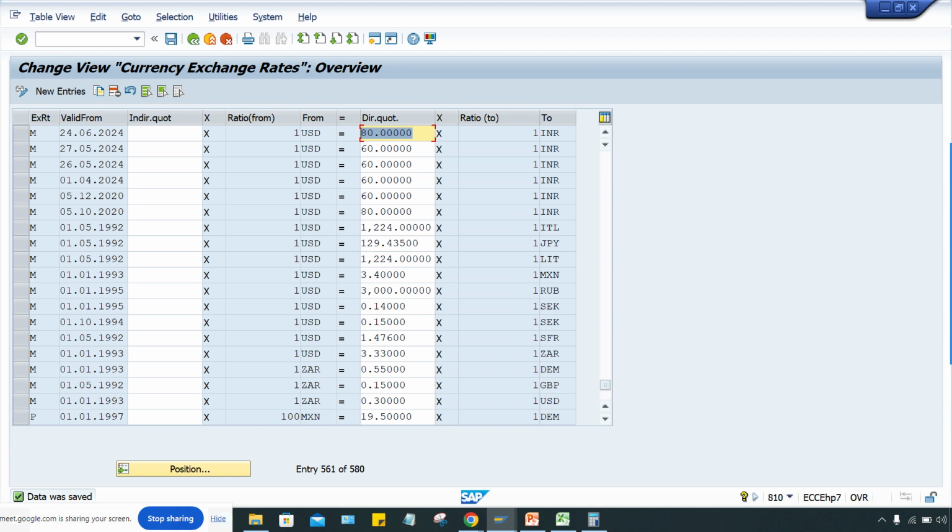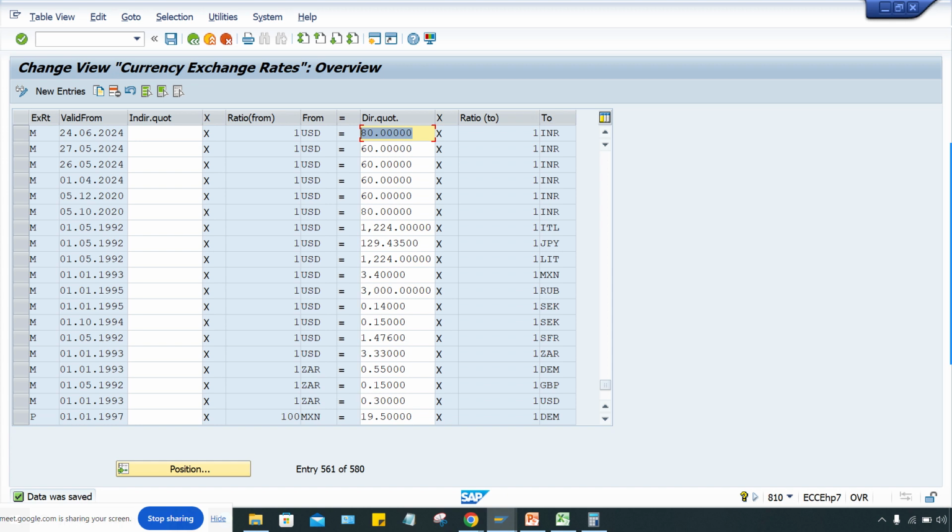Okay, so now two options are there: direct quotation and indirect quotation. Look here. If we talk about direct quotation, then I have specified 1 USD equals 80 Indian currency.